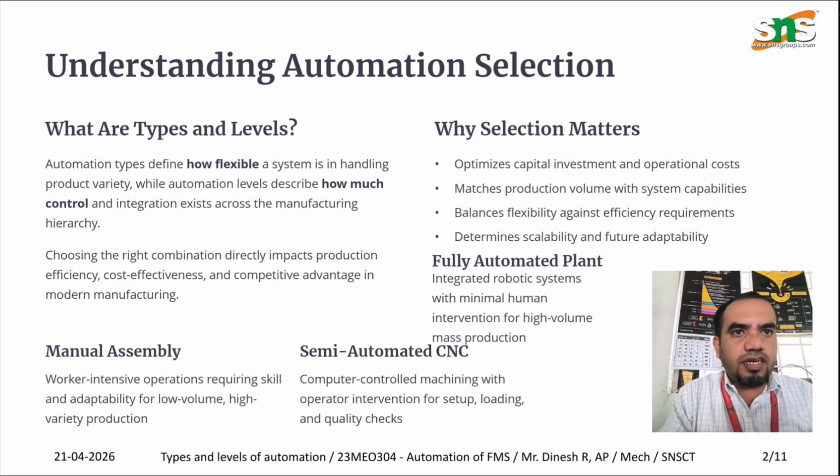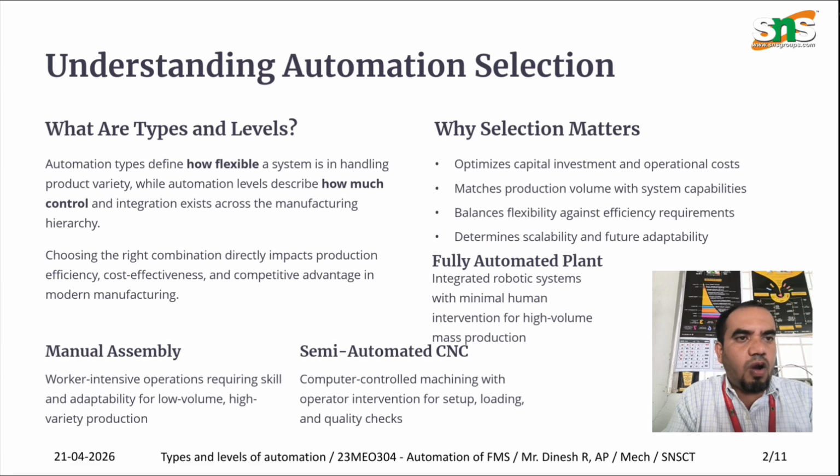So, understanding the automation selection. What are types and levels? These come under the question of how flexible a system is and how much control an integrated system will have.